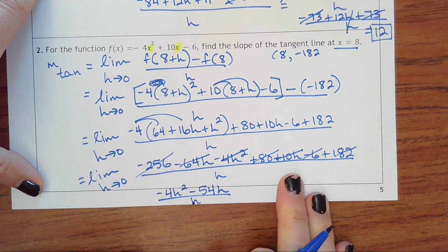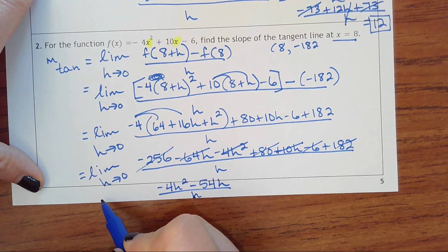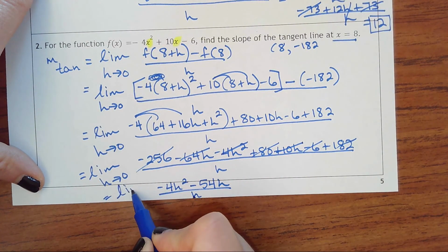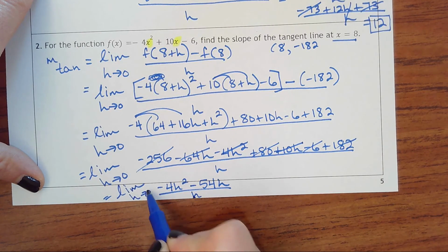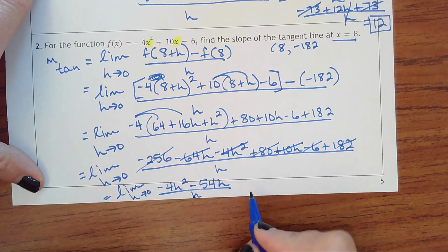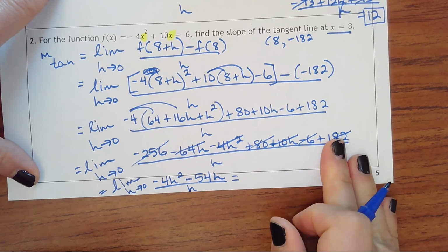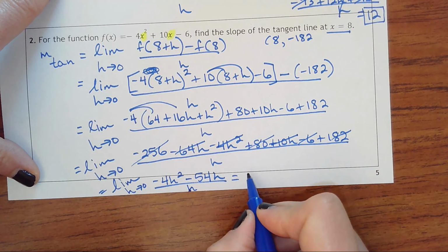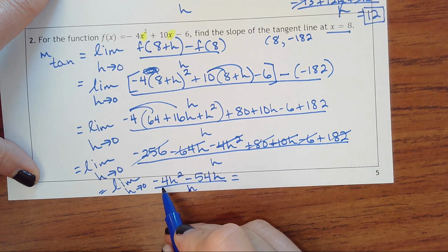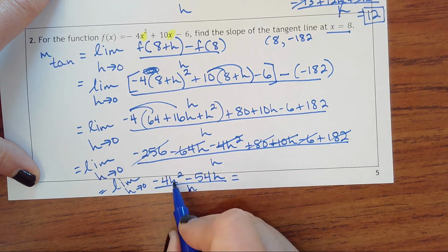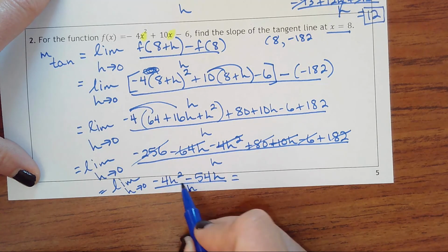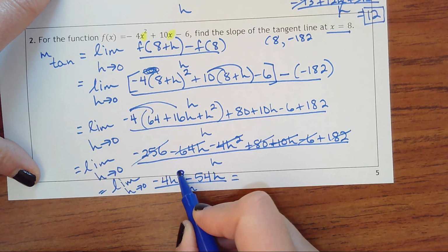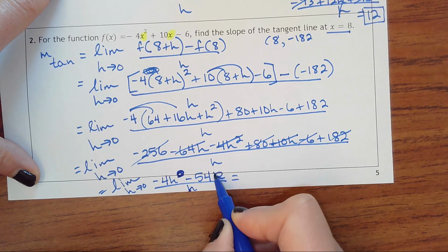So I get everything with h in it. Well then, I need to factor out an h. So I'm probably not going to keep writing limit right here because I'm running out of room. I can factor out an h, or you can just think it's h squared divided by h. So that'd be just an h to the first power. This would be h divided by h. They'd cancel.